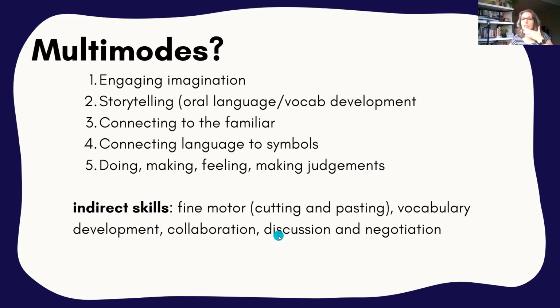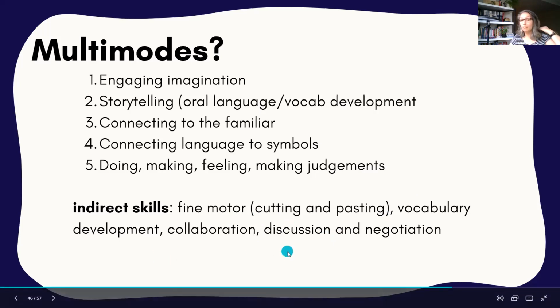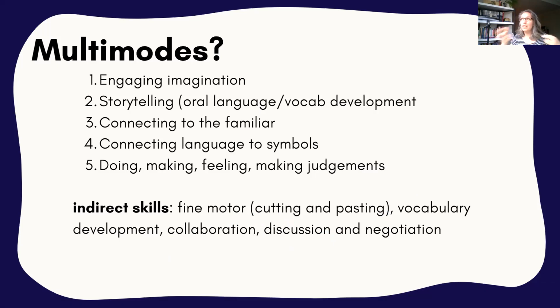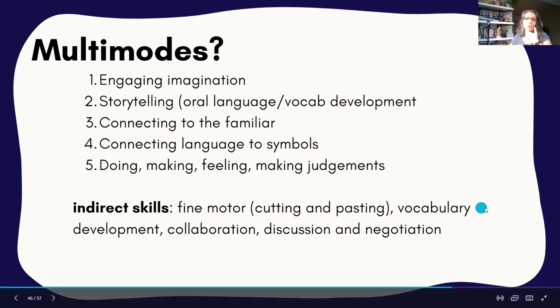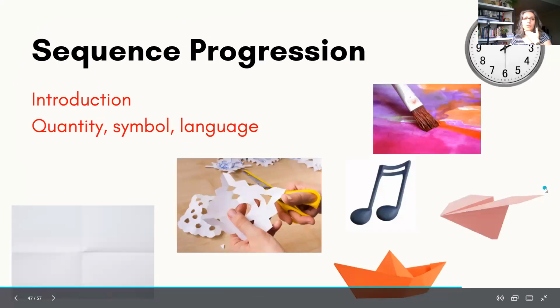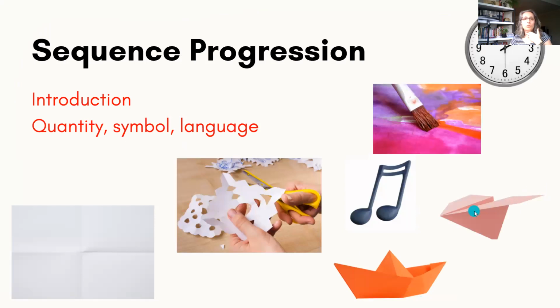Some indirect skills that come out of this are fine motor skills, cutting and pasting, vocabulary, and collaboration if you're doing this in groups, because they can negotiate meaning between the children, share personal experience, and see what other people's experiences are like. And of course, discussion is always big.